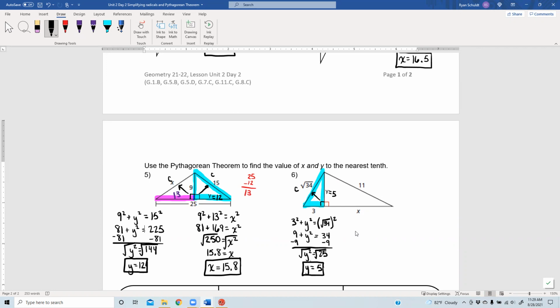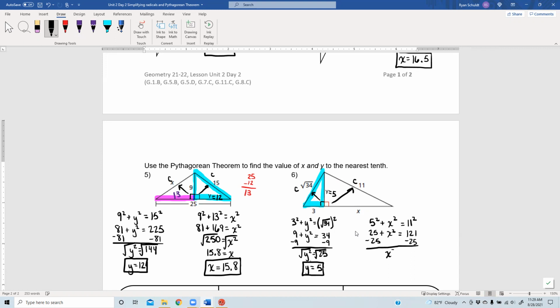Now we can do the x over here. So again, look for your seat. There's my seat. I'm going to have 5 squared plus x squared equals 11 squared. I was about to get ahead of myself. 5 squared is 25. 11 squared is 121. Subtract 25 from both sides.